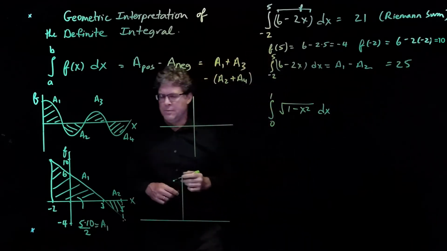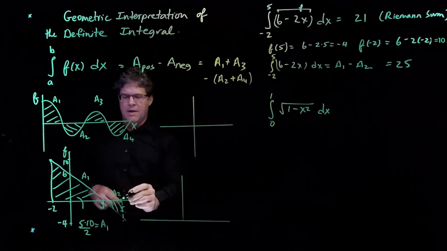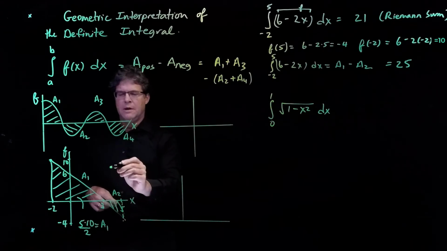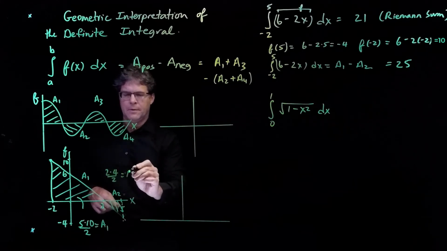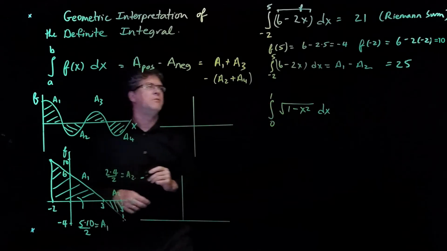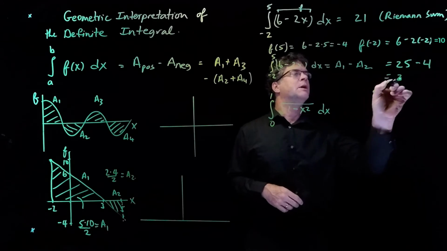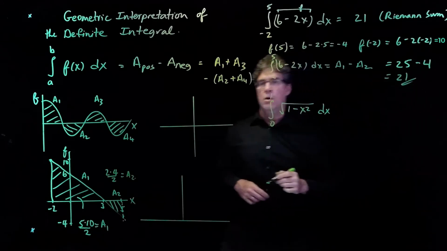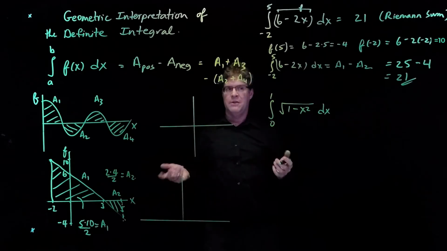How about A2? The base goes from 3 to 5, and then the height is 4. And so A2 is going to be equal to 2 times 4 over 2, and that'll be 4. And that's going to give us 21. And so we've used a geometrical approach instead of a Riemann sum approach, and we've got the same answer, which is very cool.